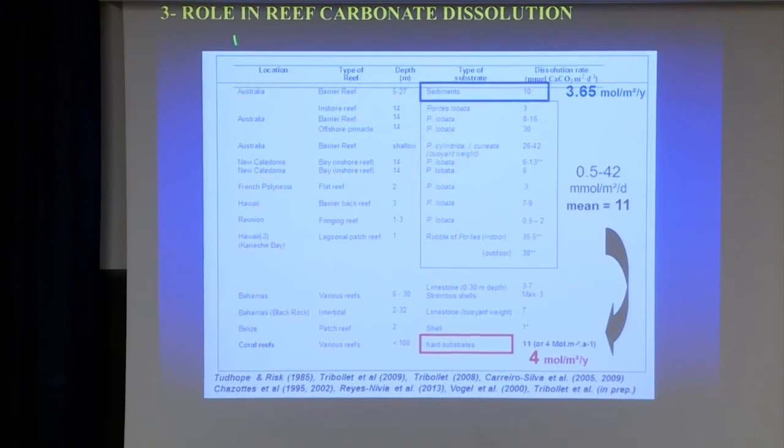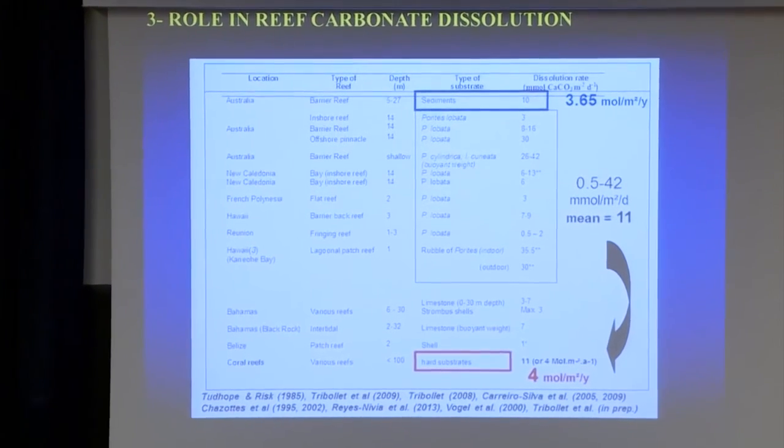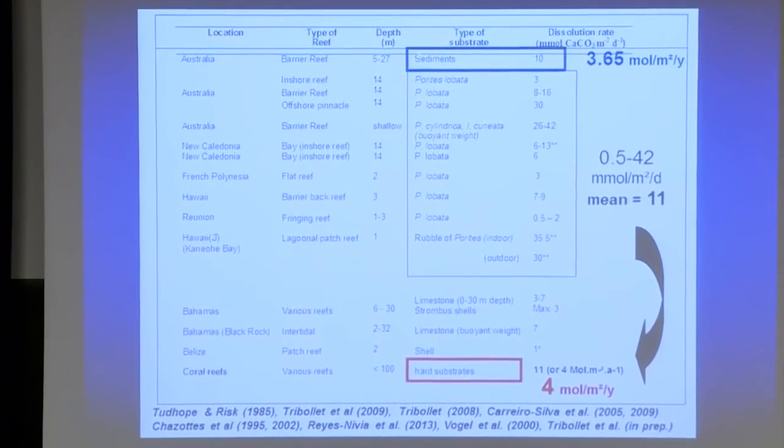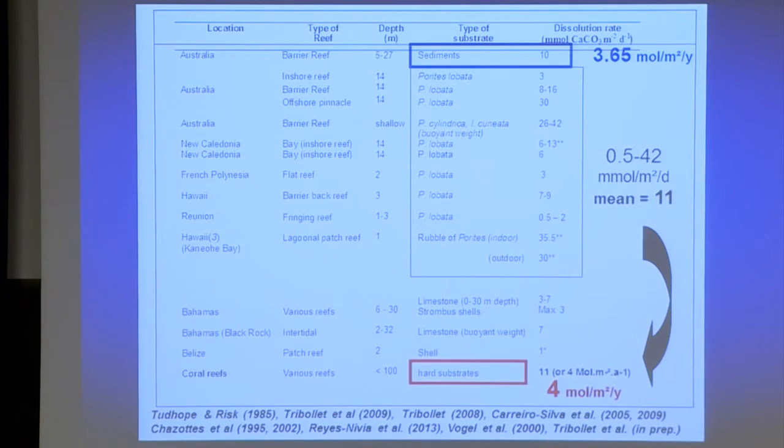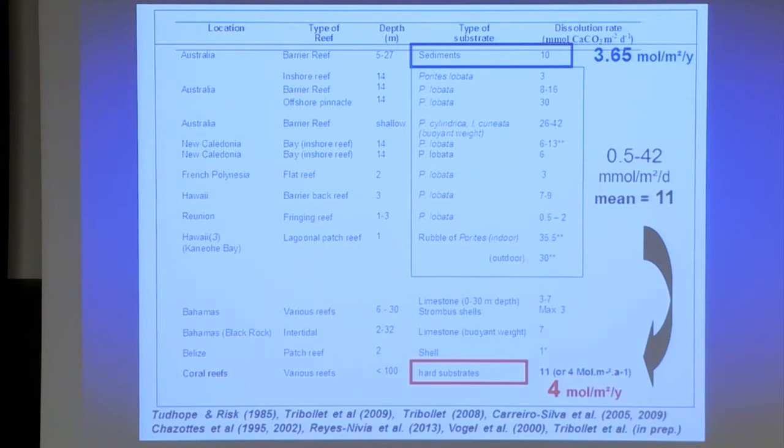I just want to show you that different studies were carried out from Australia to the Bahamas, using different types of substrates, mostly coral skeletons, but also sediment, limestone, strombus shells, etc. The methodologies used to estimate the rates of dissolution are diverse, meaning that most of the studies were based on microscopy measurements, but the latest study that I just showed you was based on alkalinity measurements, and others did measurements by weight balance, which is not so accurate.